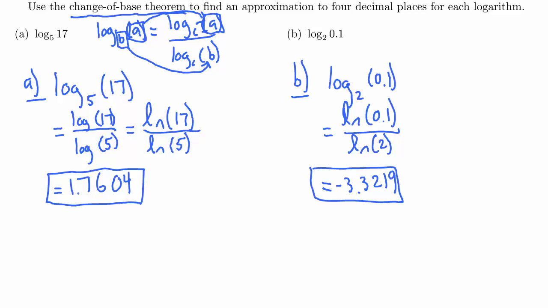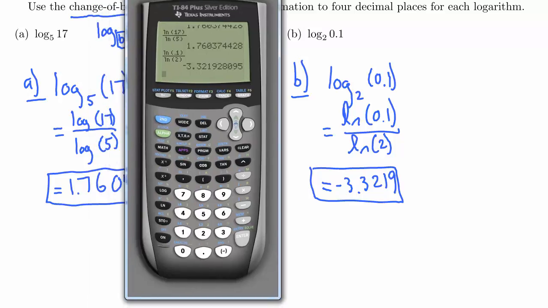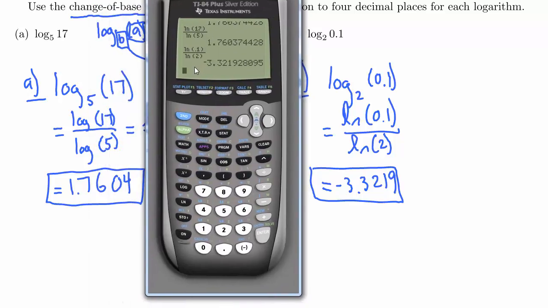One other thing, if your calculator is new enough, you can actually check these another way. If you go into Math and you go up until you see log base, you can click Enter. And then you can physically type in log base 5 of 17.